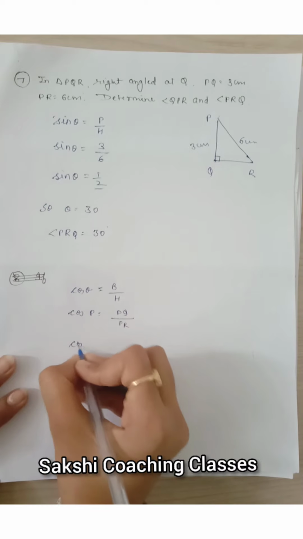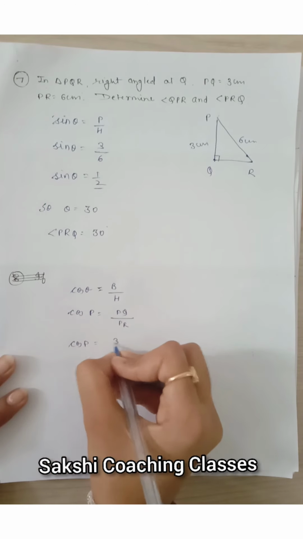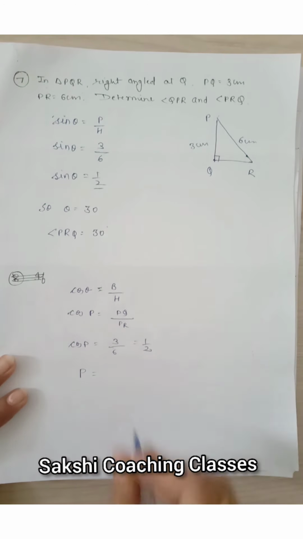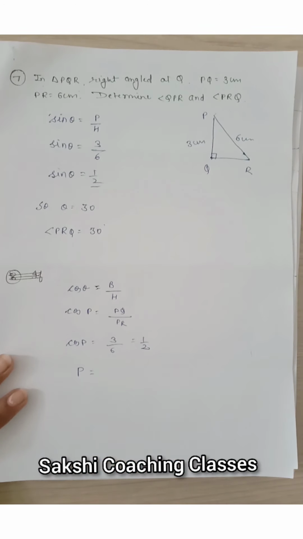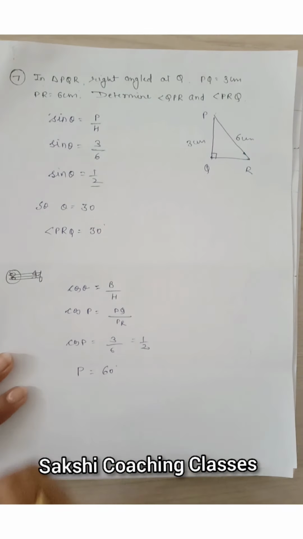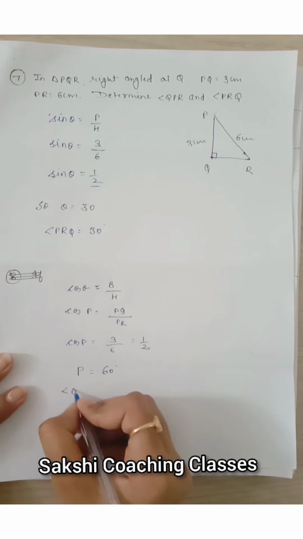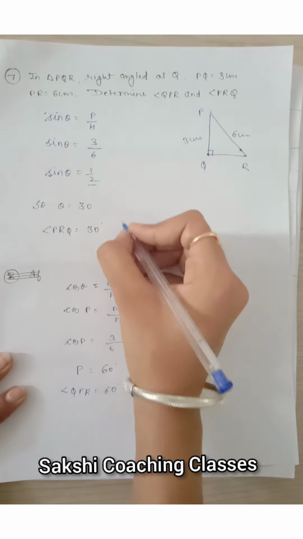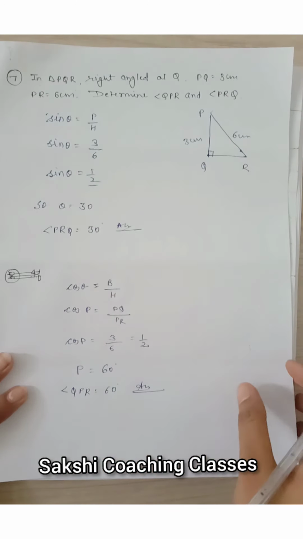So cos P is equal to 3 upon 6, which is a half. So the value of P will be 60. So we can say QPR is equal to 60. Answer. Clear?